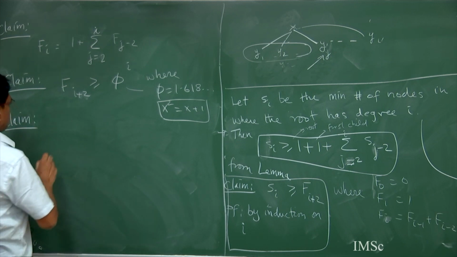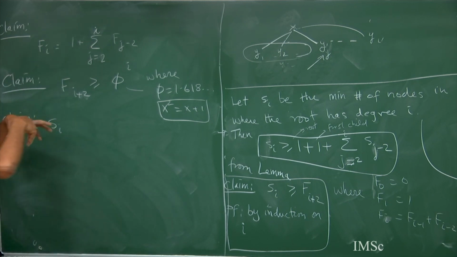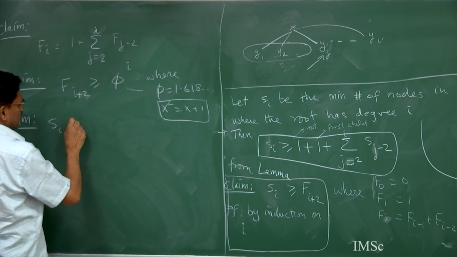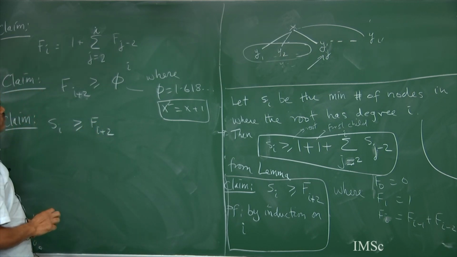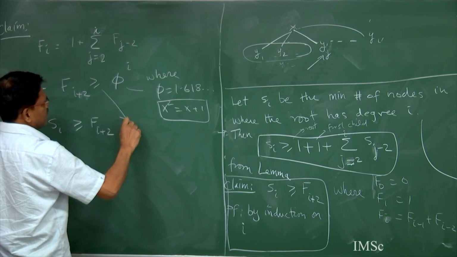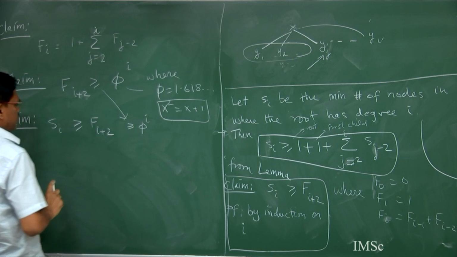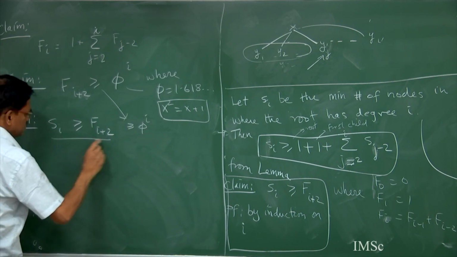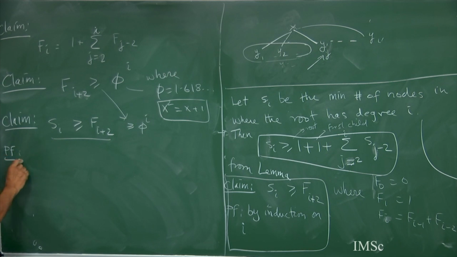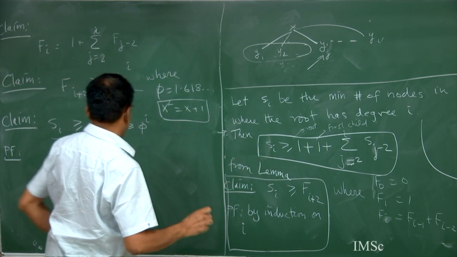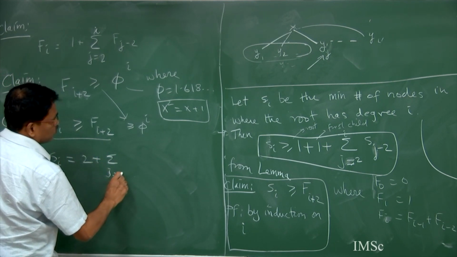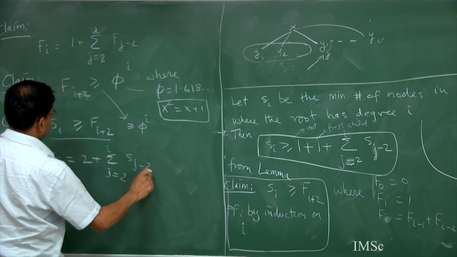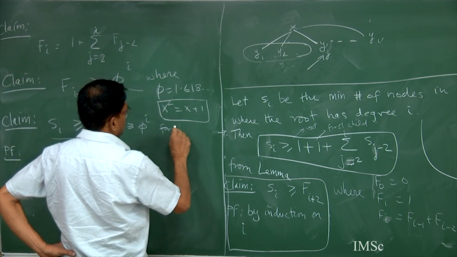So, now I claim that Si, if your node has degree I, the minimum number of nodes in the subtree rooted at it is greater than or equal to the I plus second Fibonacci number, which I know from this lemma is greater than or equal to phi to the I. Why is this? We will prove by induction. Because of this claim, we know that Si is 2 plus summation j equal to 2 to I, right. So, this is for all I greater than or equal to 0.